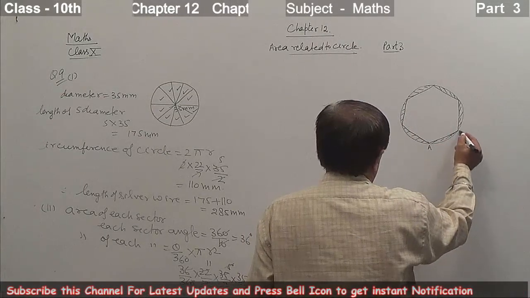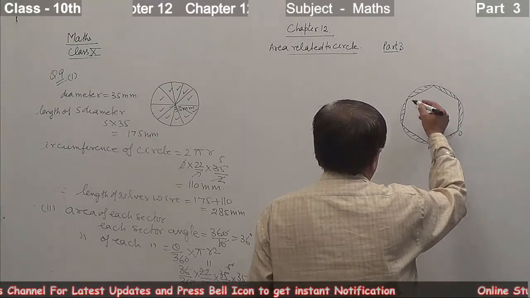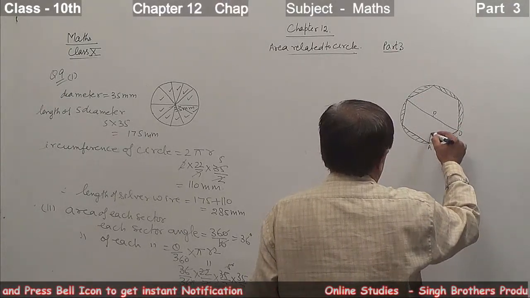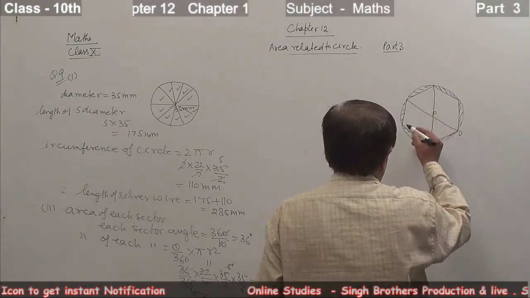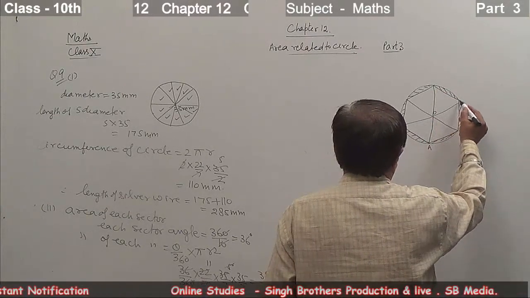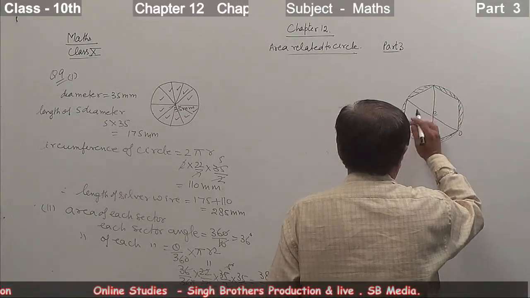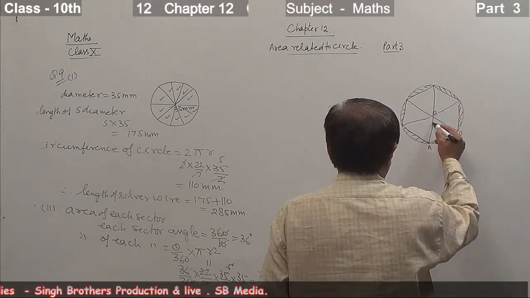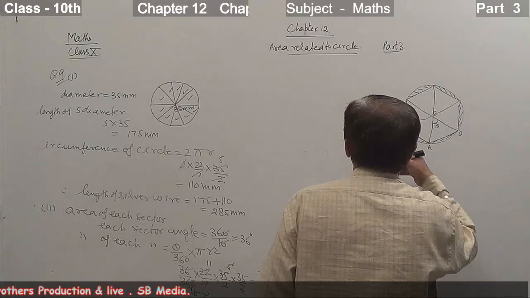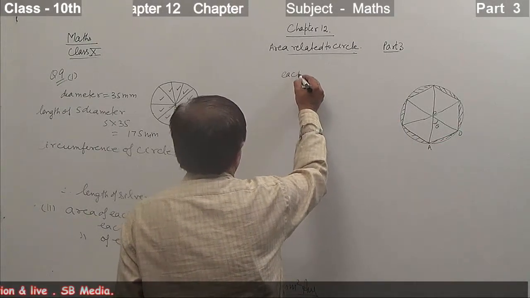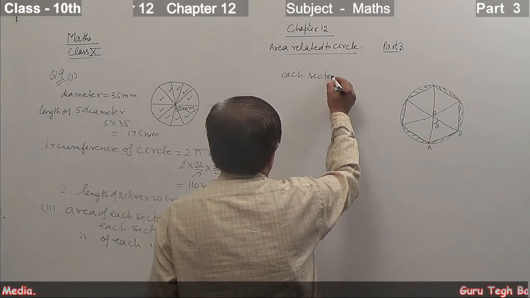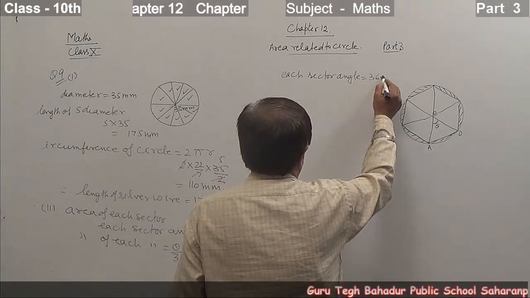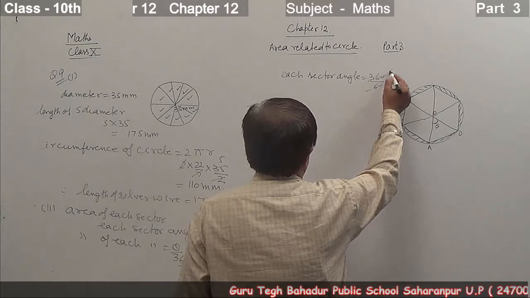This is A, O, this is the center. If you join the diagonals passing through the center, each sector angle is 360 upon 6, so it is 60 degrees.